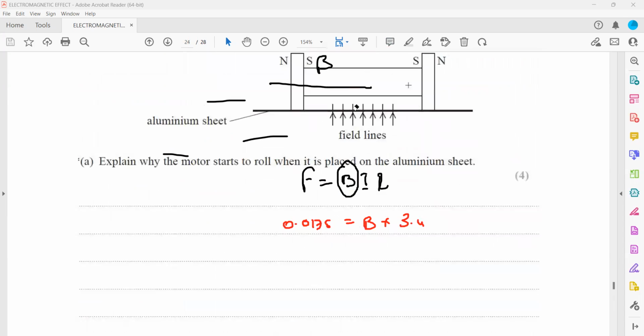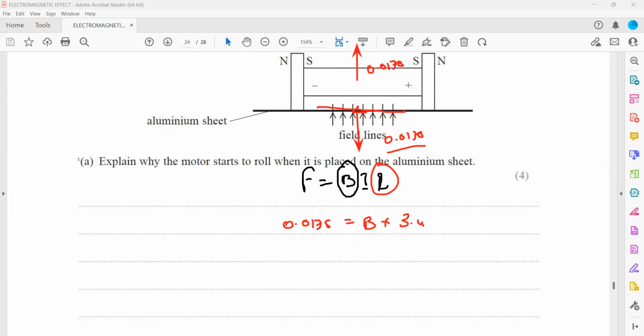Because the question asks for the strength of the magnetic field, the idea is that the two forces will be opposite in direction but the same in magnitude. So if the force on the motor was 0.0178, this force will also be 0.0178. So we have the force, the current, and the distance between the magnets, that is the length of the wire.